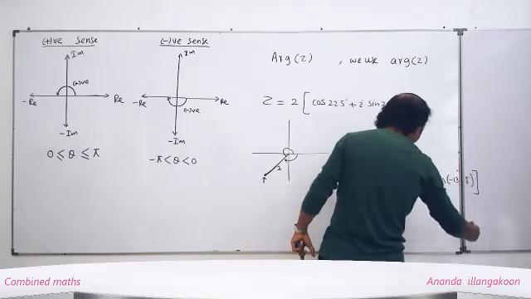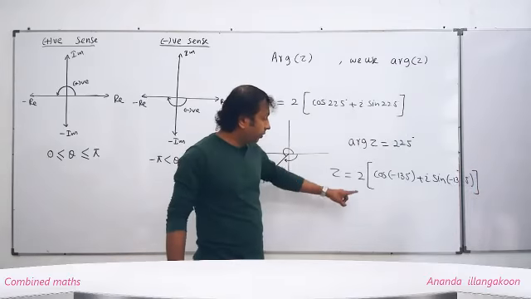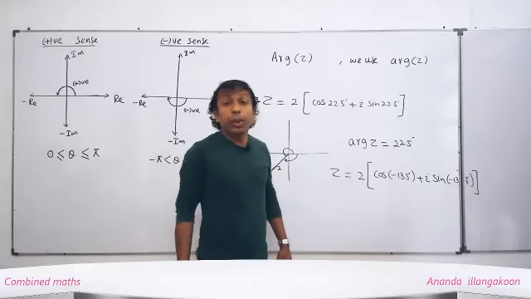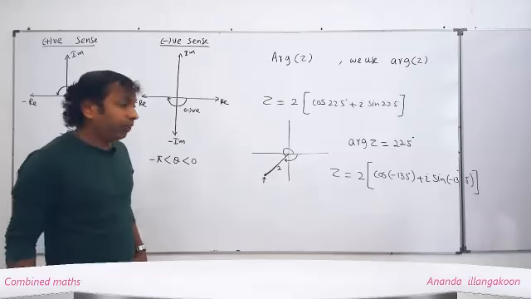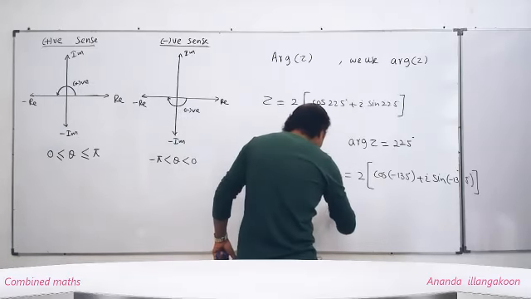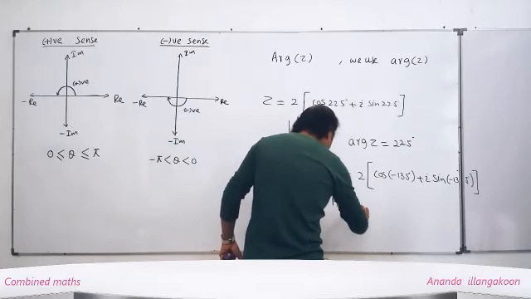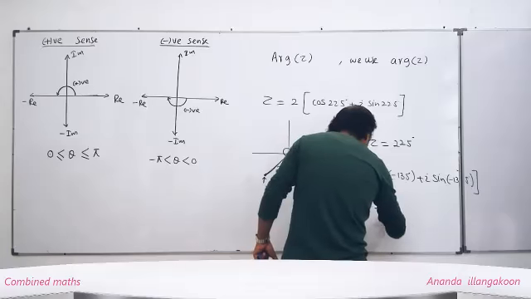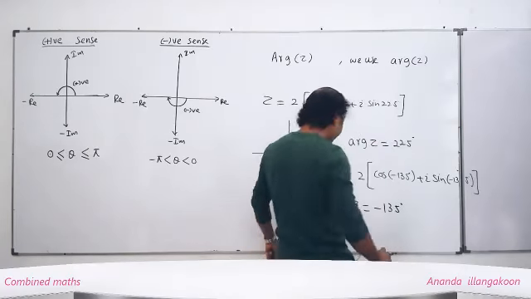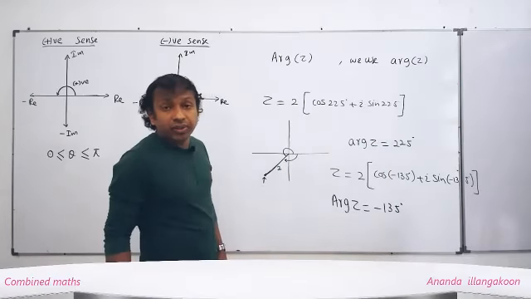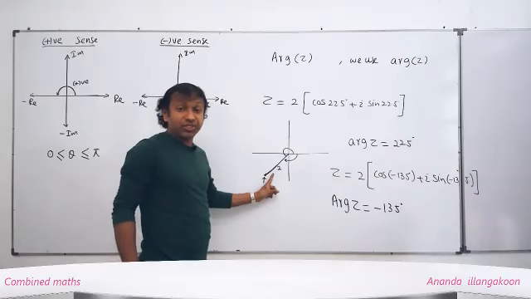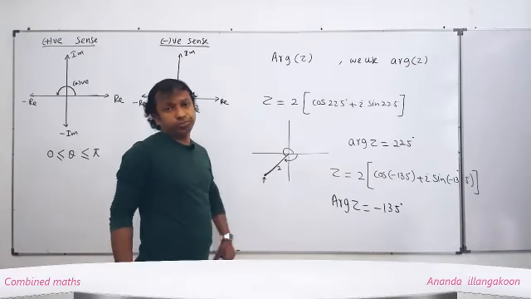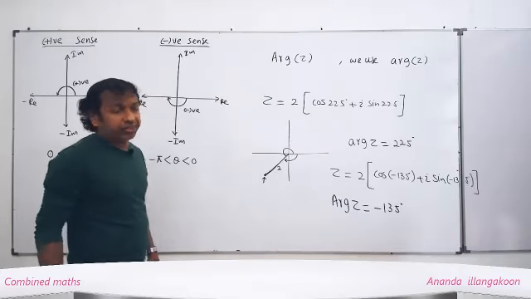In this case, people, this 135 is in the principal range, even though that is a negative argument. So then we can write in this case Arg z, capital A we use, is minus 135. But people, for both arguments, the location of the line segment which represents the complex number is the same. That's the thing you have to understand in this case.